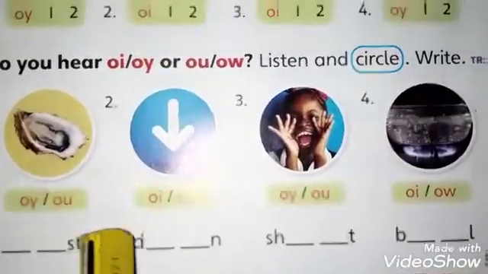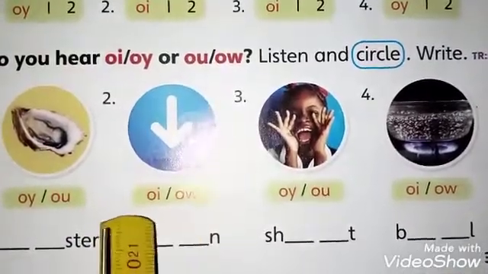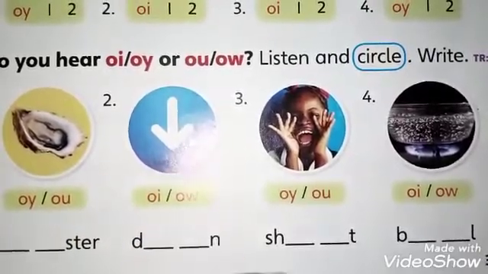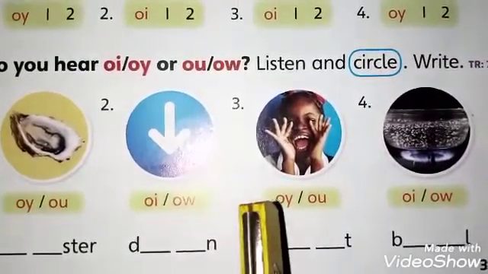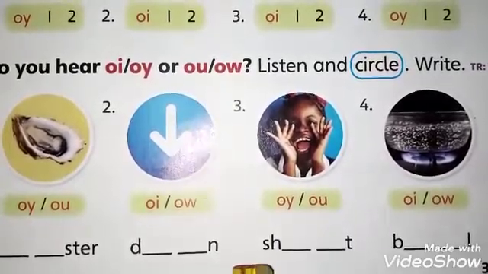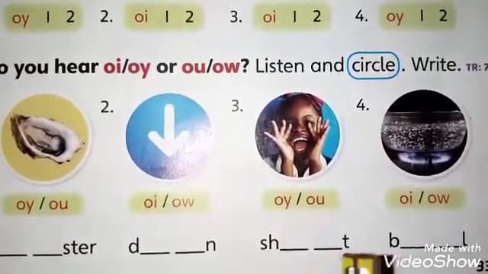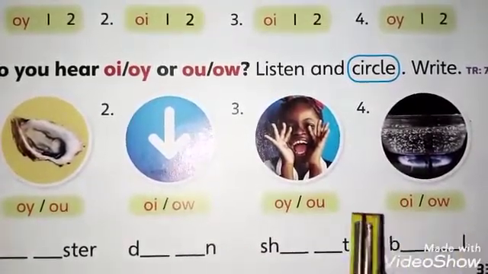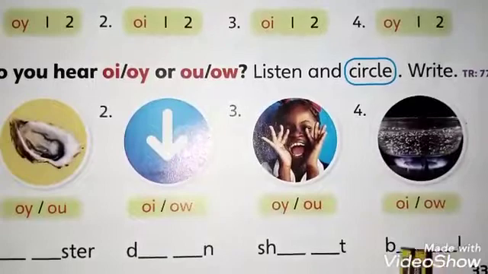Does it have the oi or the ow? It has the ow. You're going to write O-W, down. Let's go to 3. We have the word shout. The answer should be ow, shout. And number 4, we have the word boil. Does it have the oi or ow? It has the oi sound. You're going to write the oi.